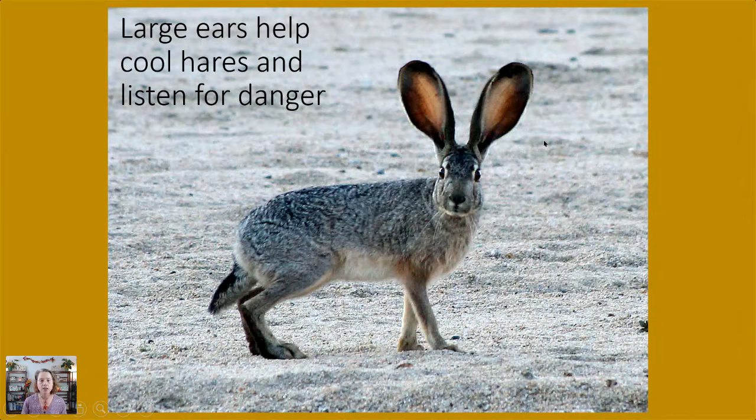Now, these hares' ears not only help them to listen for all those predators we mentioned, and make sure to draw them really big when you draw them, but they also help them to cool off because they have a lot of blood vessels in there. You might even be able to see these little red lines inside of the pink area there. So their ears are very thin and they have lots of these red lines, which are the blood vessels.